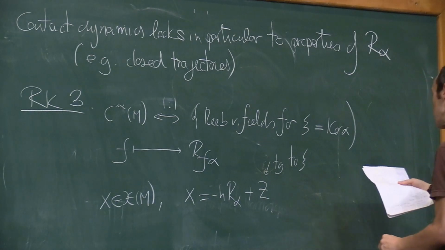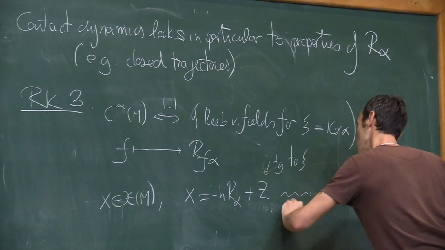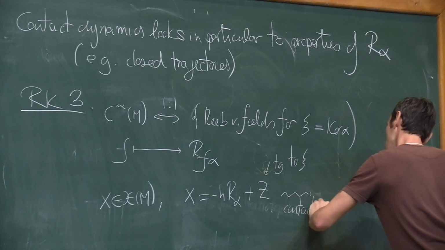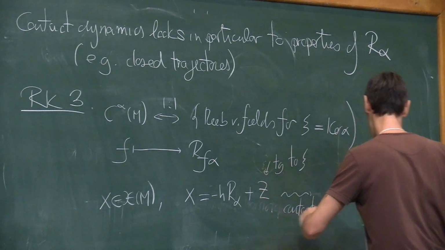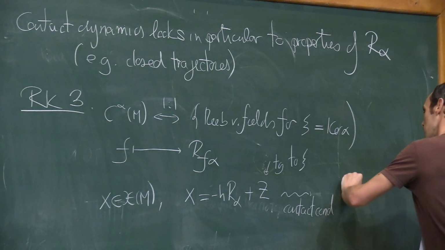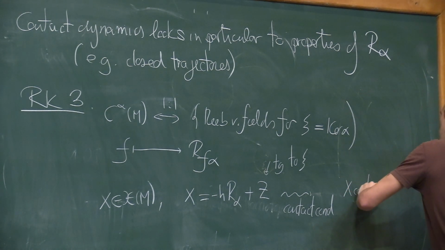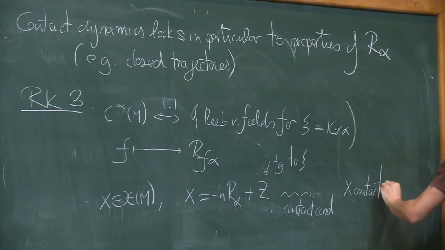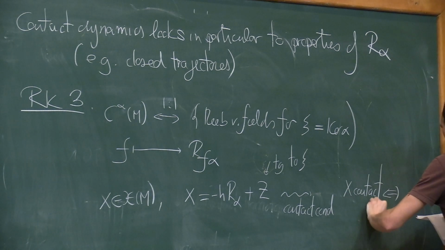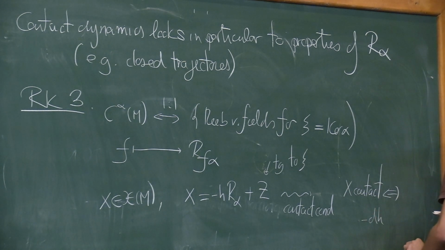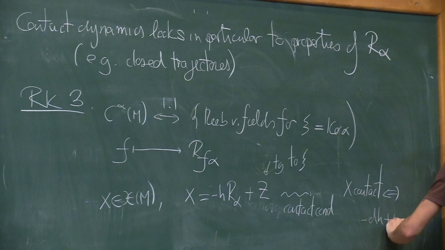And you'll basically see that the contact condition tells you that the vector field X is contact if and only if minus the exterior derivative of H plus the contraction of dα with Z is a multiple of α.